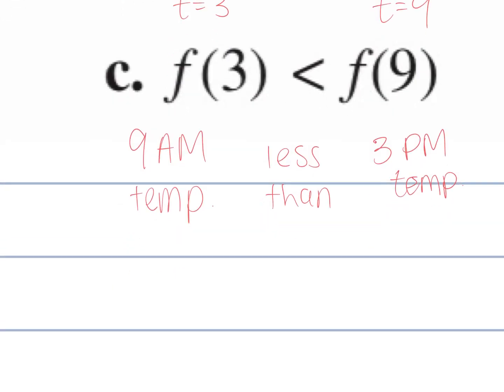So I need you to write down during the day. You can write it however you want. You can write it got hotter, the temperature increased, it got warmer, the sun came out, it warmed up everything, whatever you want to write there, but you need to understand that the temperature went up during the day. So during the day, the temperature, I'm going to write the temperature increased.